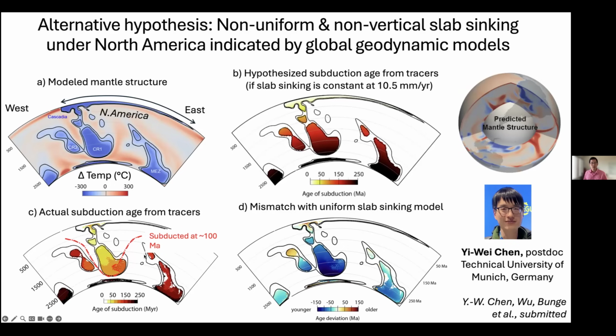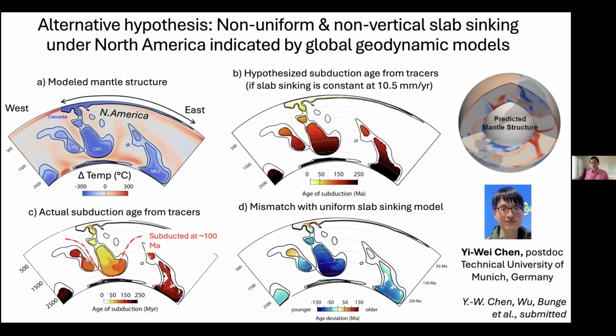And if we just calculate a mismatch between what we actually saw in the model and what we would hypothesize from vertical slab sinking, you can get mismatches up to 100 or even 150 million years. I'm not saying that this is actually what happens under North America, but this is what this geodynamic model is showing. And so this is something that needs to be considered.